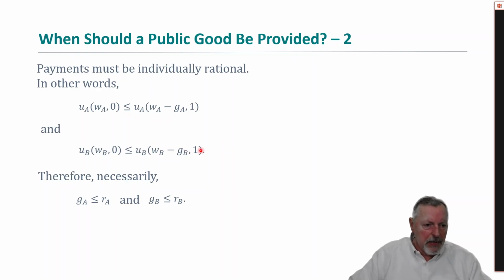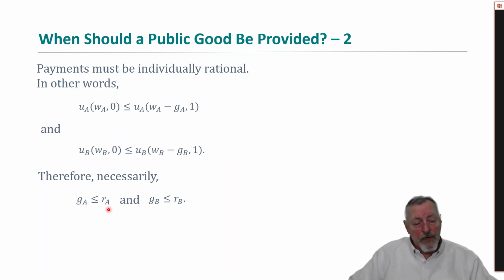Same for person B. What this means is that for person A, for it to be rational to buy the public good, the amount they have to pay for it has to be less than their reservation price, less than what they think it's worth.